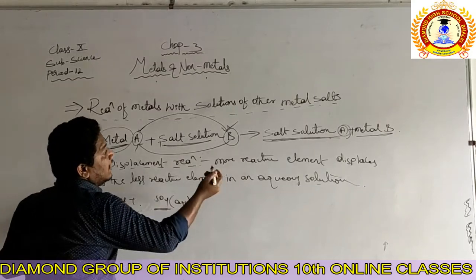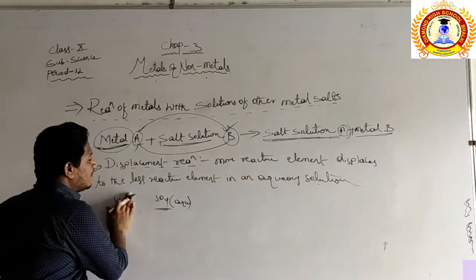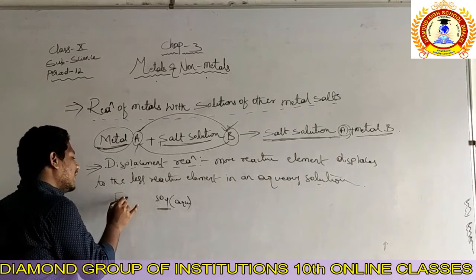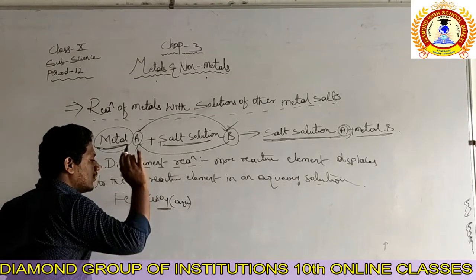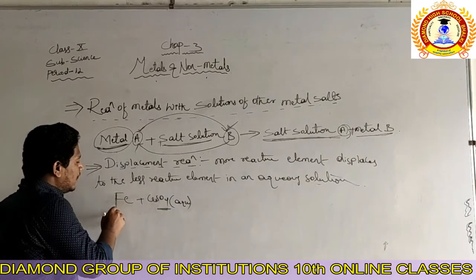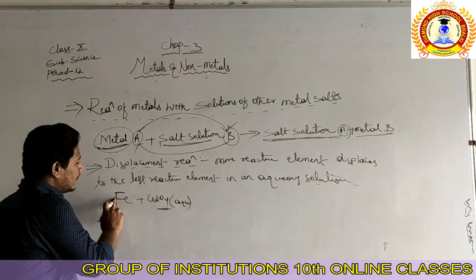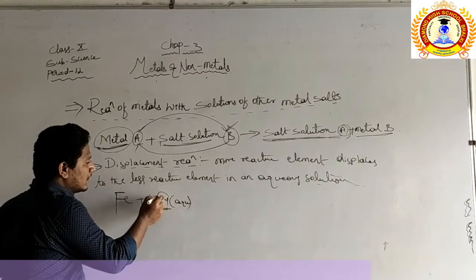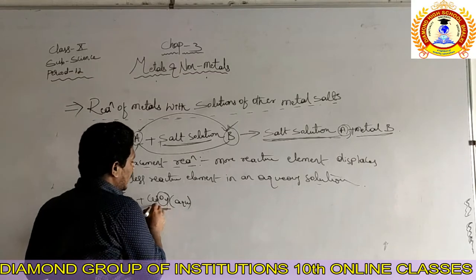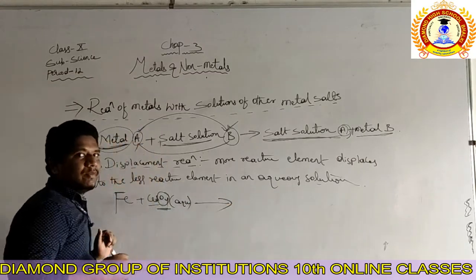So what is the definition telling us? The more reactive element displaces the less reactive element. So we have to take that kind of example only: Fe plus CuSO4, where Fe is more reactive than Cu. CuSO4 is a salt solution. What displacement reaction will happen?